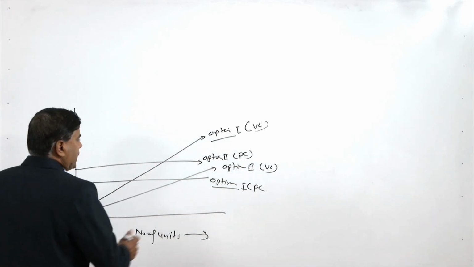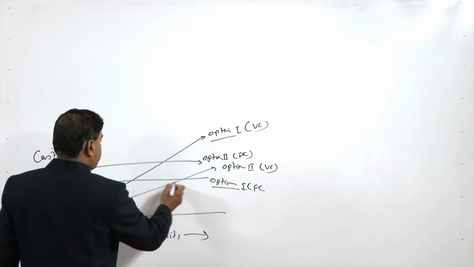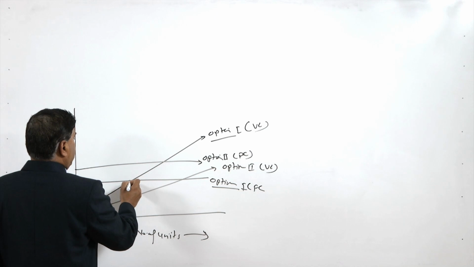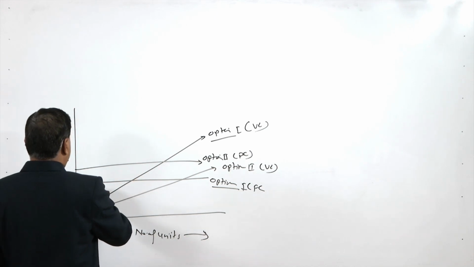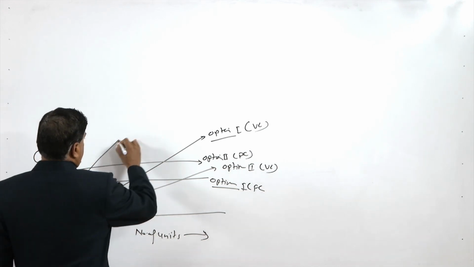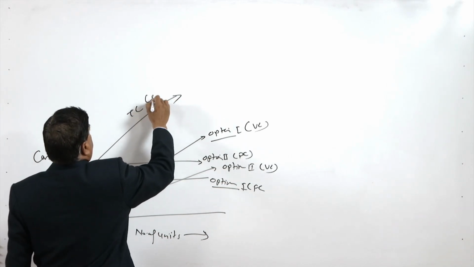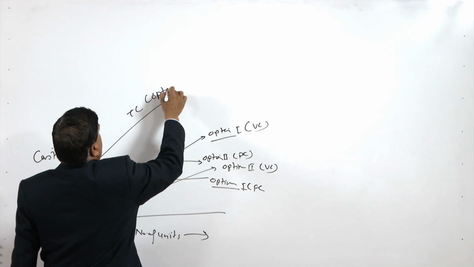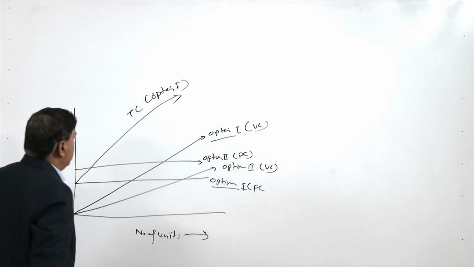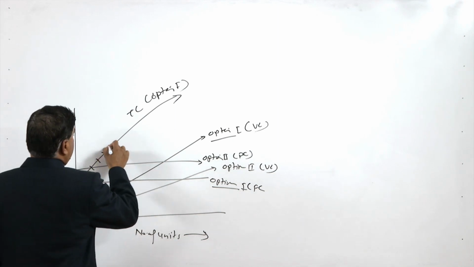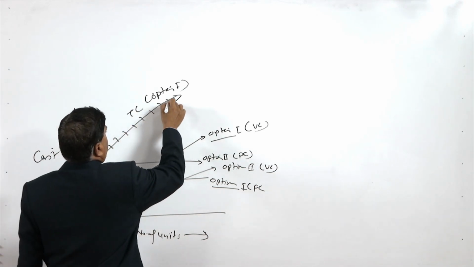In this case, say this is the fixed cost for option 1, and this is the rate at which the variable cost is changing. So, the slope will be going like this for total cost option 1. So, this is the TC for option 1.